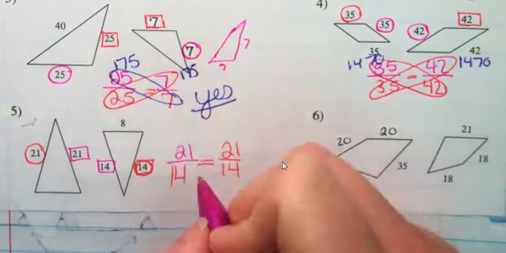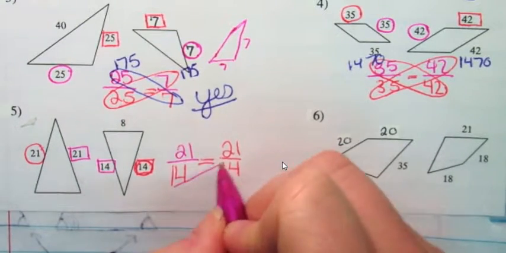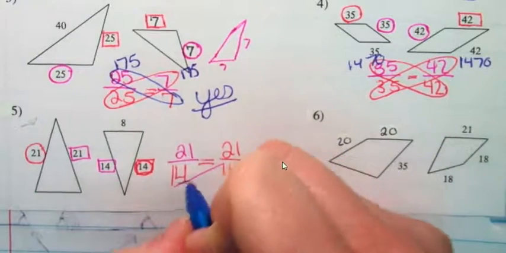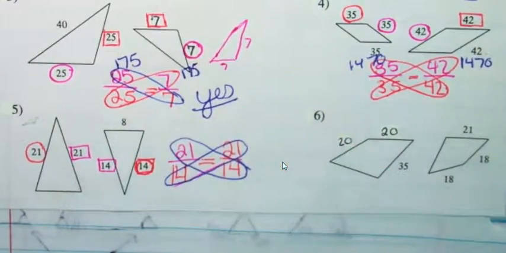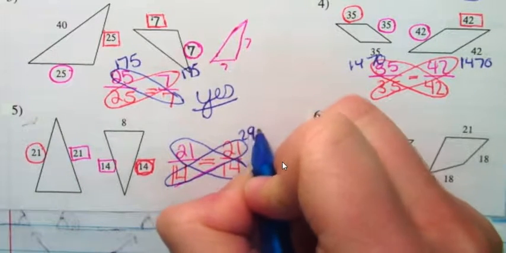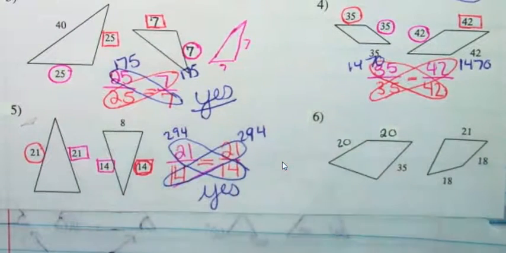So yes, they matched up with one another. If I do my multiplying, I'm going to get 14 times 21, 14 times 21. I'll check with my math using that calculator, but I believe they both should equal 294, which means yes, they are congruent.